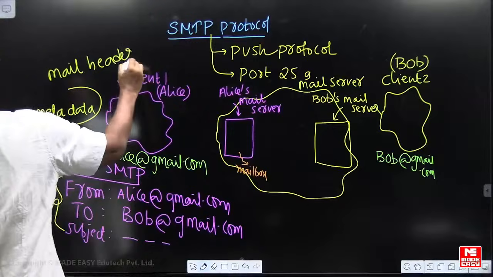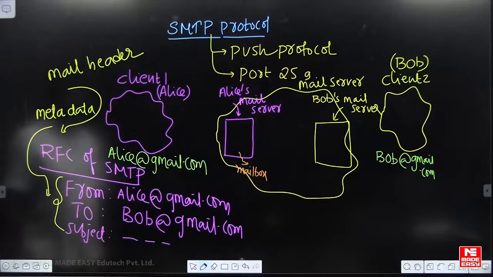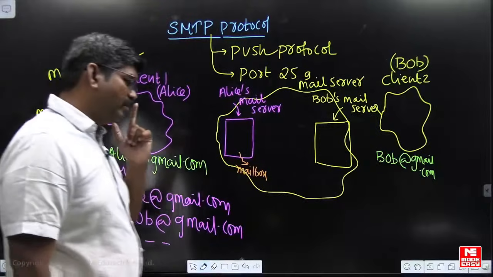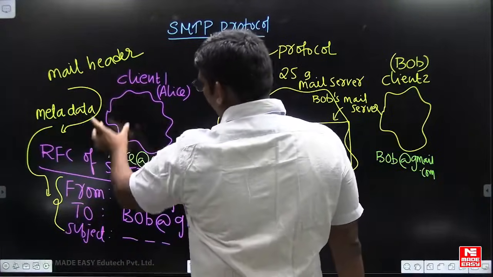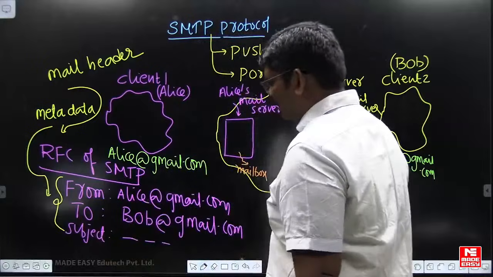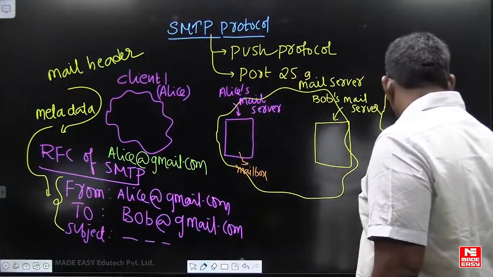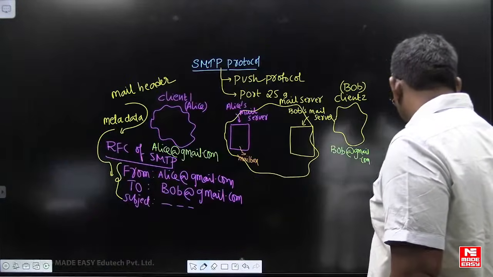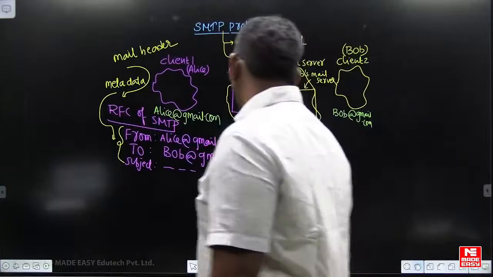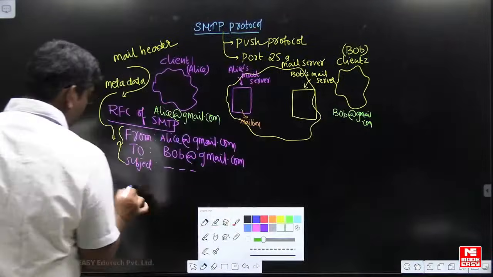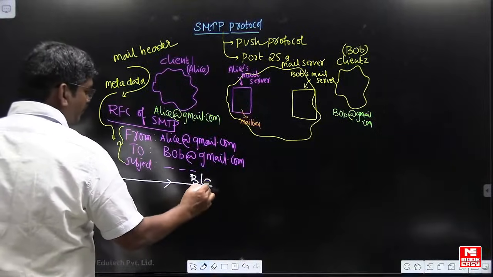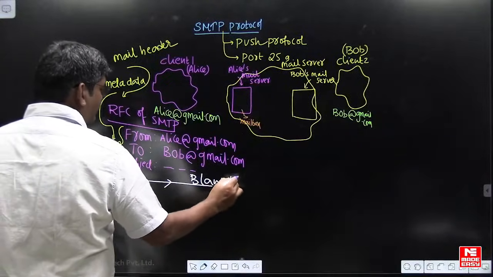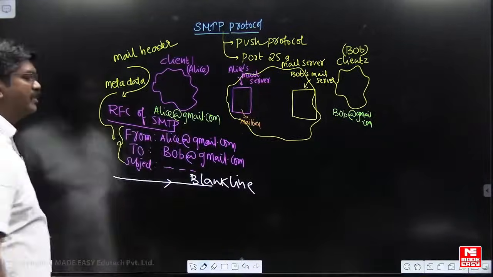Now the RFC rule tells that after this metadata or mail header, a blank line should be there. This is one important question. So the next line should be a blank line. This is the syntax of SMTP.